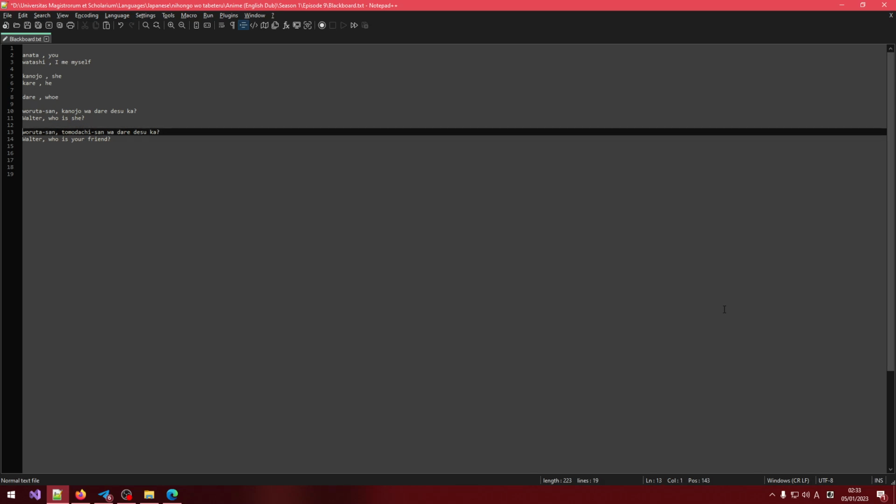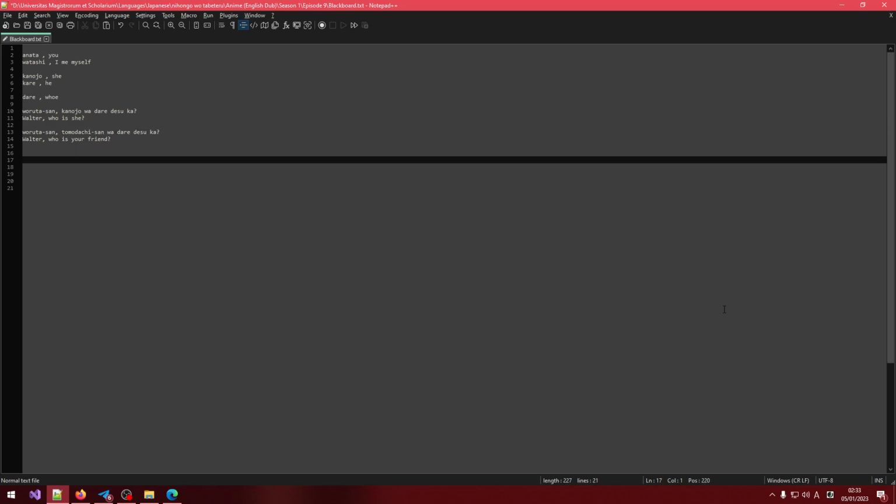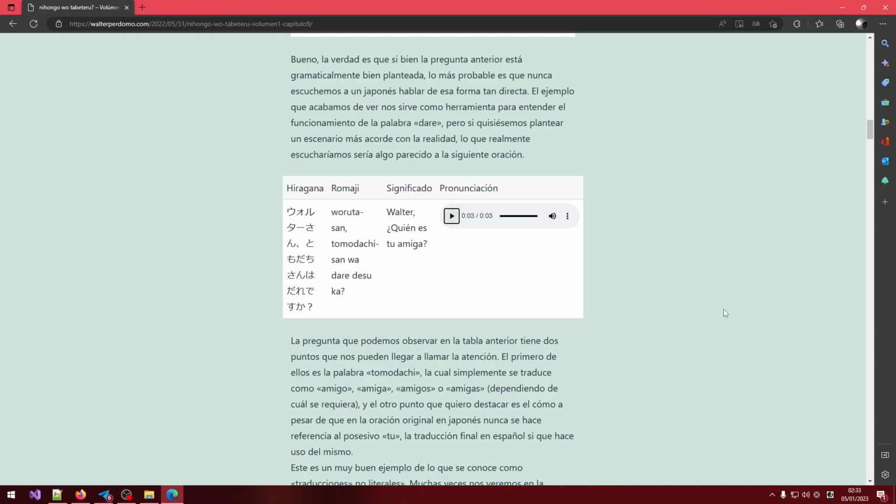Now, there is no gender in Japanese words, so tomodachi will work for both a female friend and a male friend. So do not worry, Latin language speakers. Do not worry about gender.